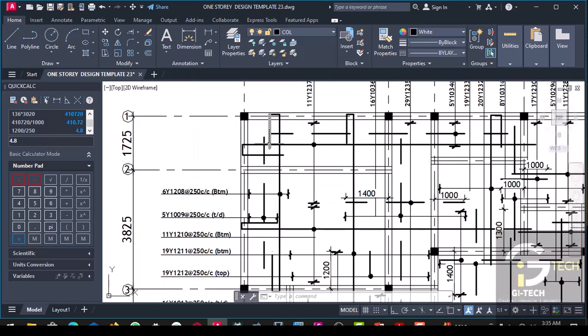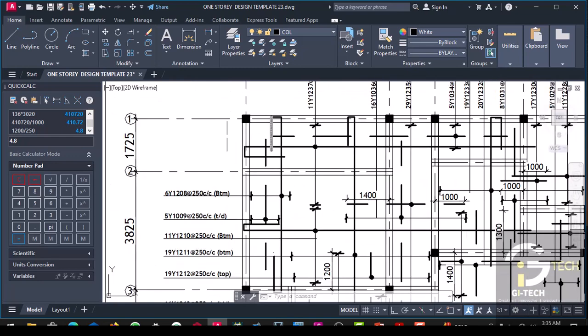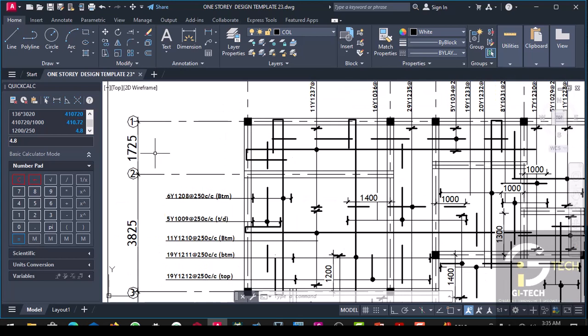The guide is that this span, which is 1725, must be multiplied by 1.15 for us to get the length of this.